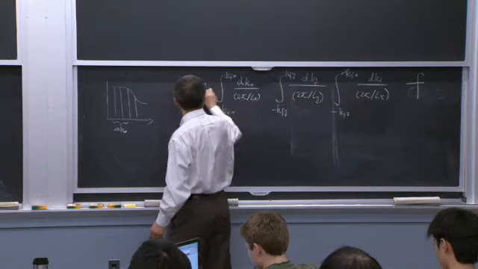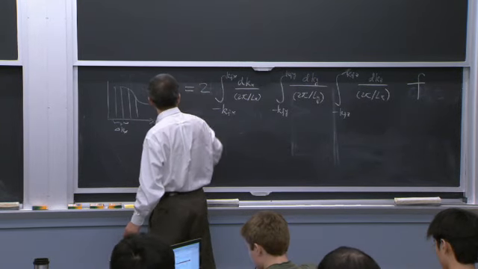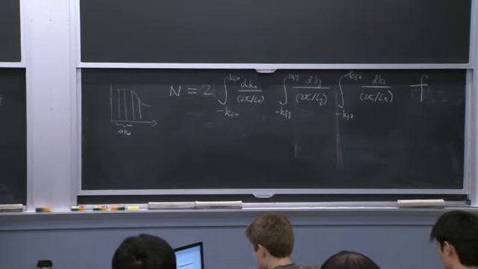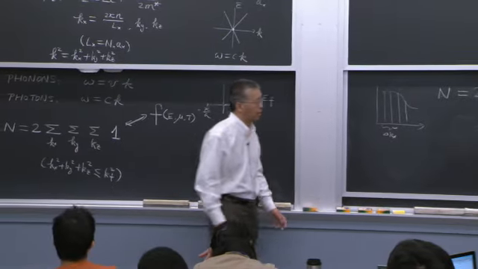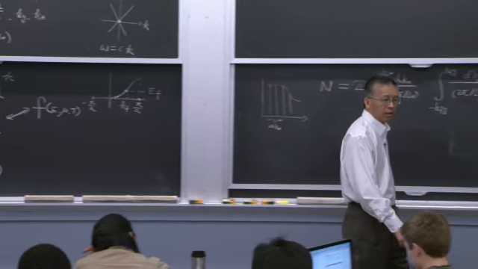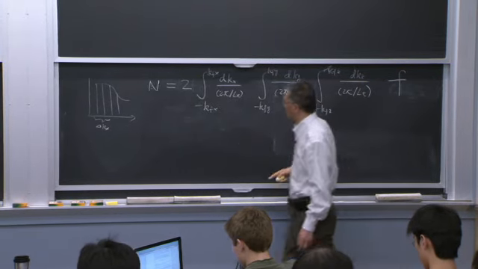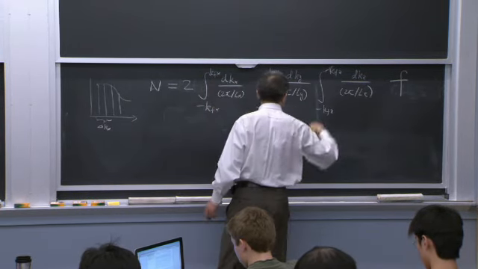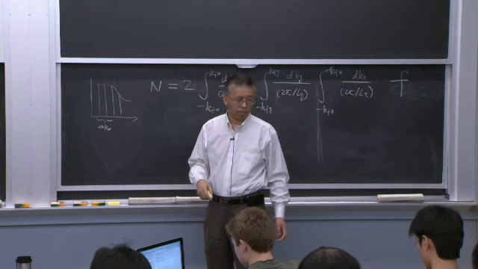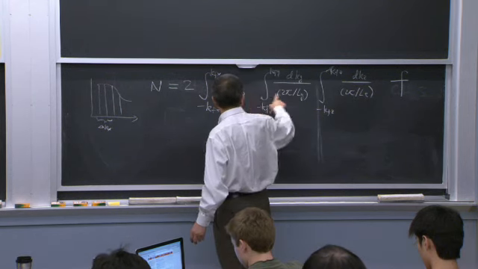So I'm converting that. Of course, I have a factor of 2. I have my n, this is the same. I'm writing that summation as an integration. And so now with this, Lx, Ly, Lz gives me the volume, right? And 2 pi cubed.